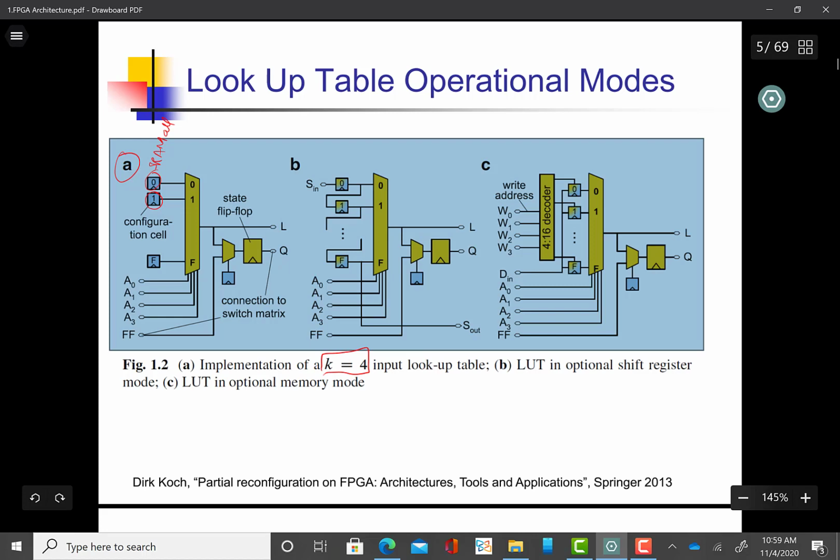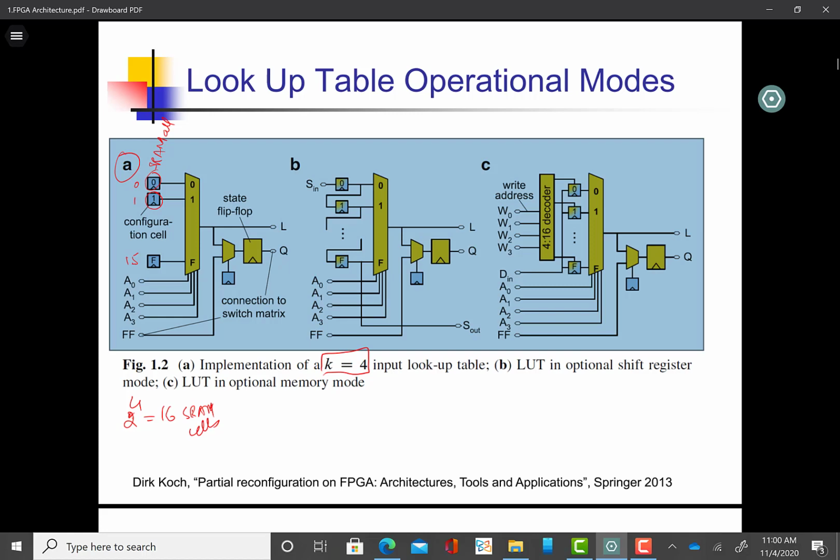So if it's a 4 input LUT, how many SRAM cells do we have? We have 2 raised to the power 4, 16 SRAM cells. So you see, this is SRAM cell 0, this is SRAM cell 1, and this is SRAM cell number 15. That's why it's denoted by F.